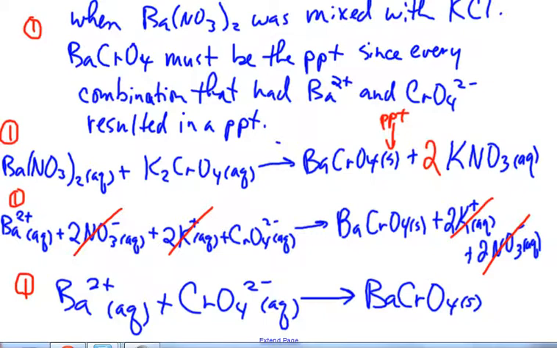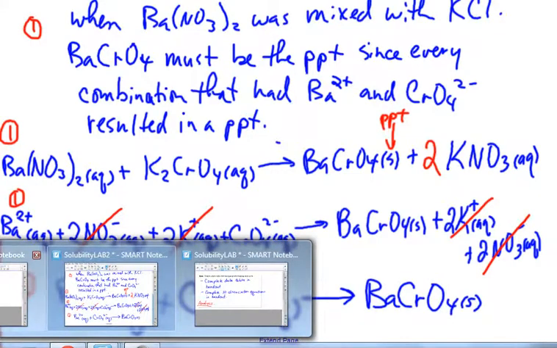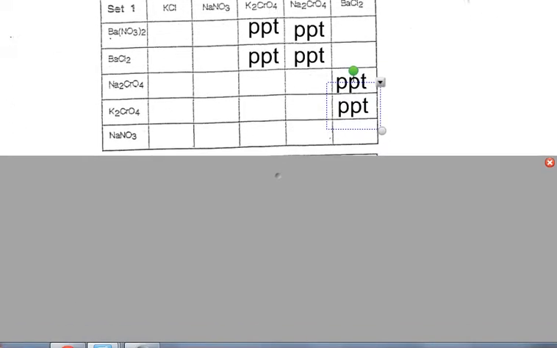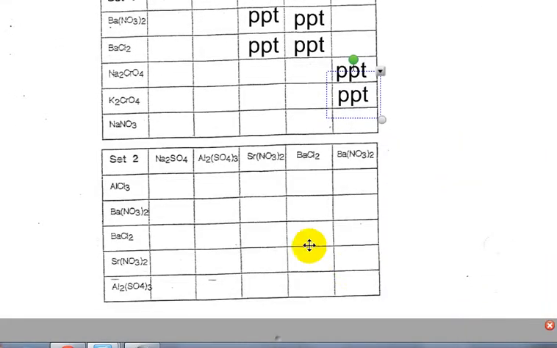Okay, so that's what you have to do for every different precipitate. You don't have to do it for every box, because every box in Table 1 is barium chromate. So I just have to do it once, indicating that all these precipitates are barium chromate. Okay? In Table 2, pick a box where you see a PPT, do the same thing, and I'm going to give you a hint that there are 2 different precipitates here.